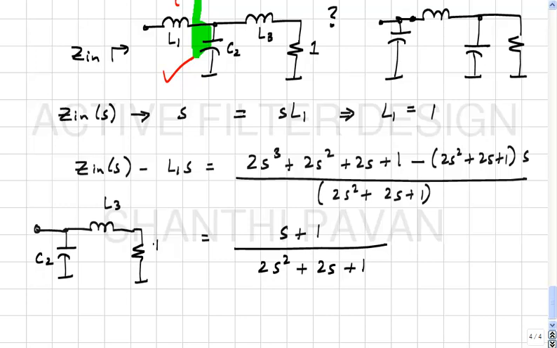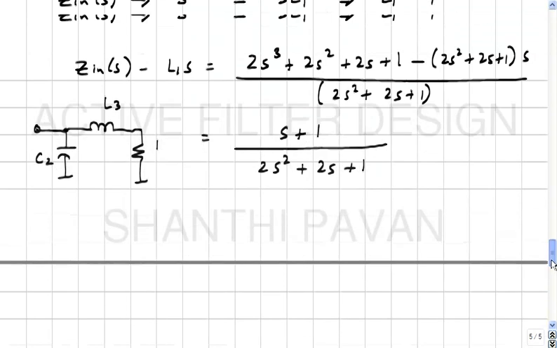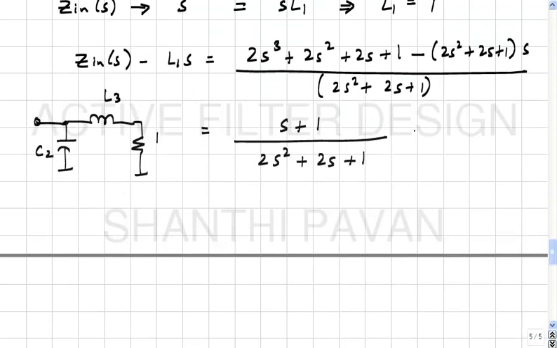This makes sense because at very high frequency, how does this look like? It looks like 1 by SC2. Okay, and at very high frequencies, what does this expression reduce to? 1 by 2S. Okay, all right. In other words, what we can in fact say is that this is Zin1 of S. Earlier we found that Zin of S tended to infinity at S equal to infinity.